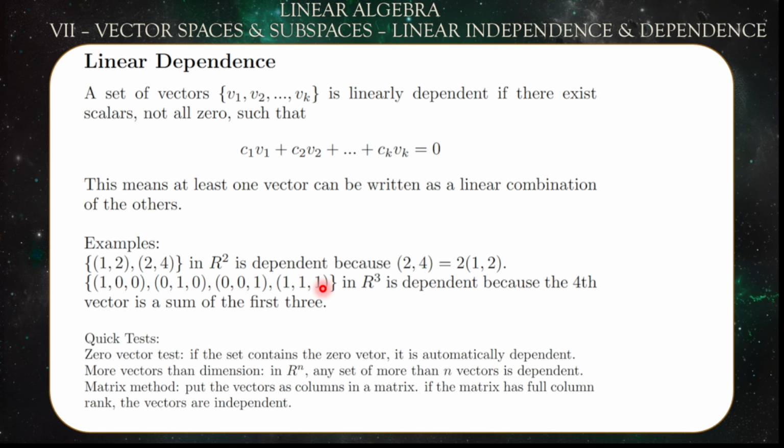These are automatic tests, but the inverse is not always correct, meaning that if you only have 2 vectors, it doesn't mean the set is independent. Why? Because in the first example, we noticed that (2, 4) is a linear combination of the first vector multiplied by 2. So it's not always the case.